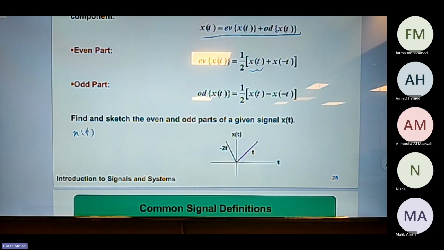It will be minus 2t u(t), plus t u(minus t).